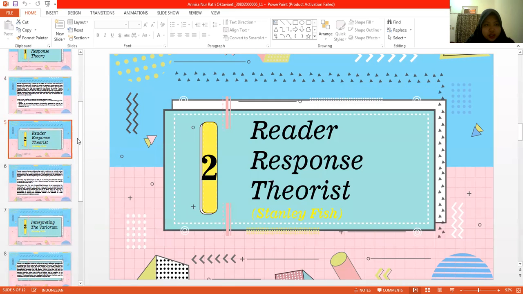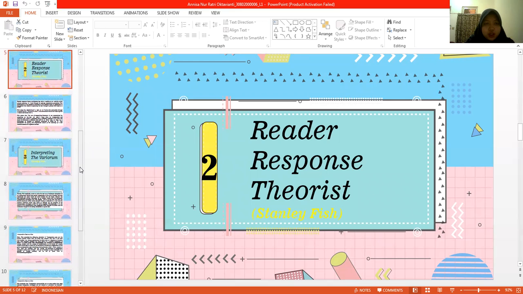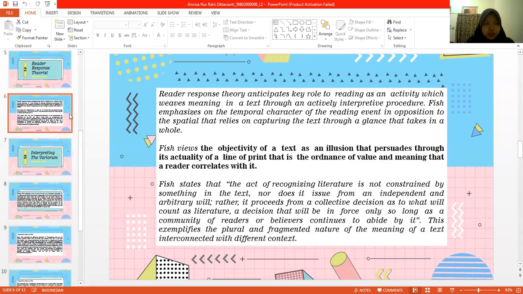Next is reader response theories by Stanley. Reader response theory anticipates key role to reading as an activity which weaves meaning in a text through an actively interpreted procedure.